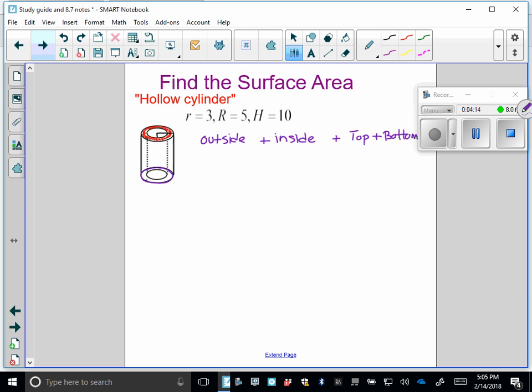So if we look at this picture, the little radius is a little hard to see. This little radius right there is 3, and the bigger radius is 5. The height is 10. So the outside, or the larger rectangle, has a height of 10.